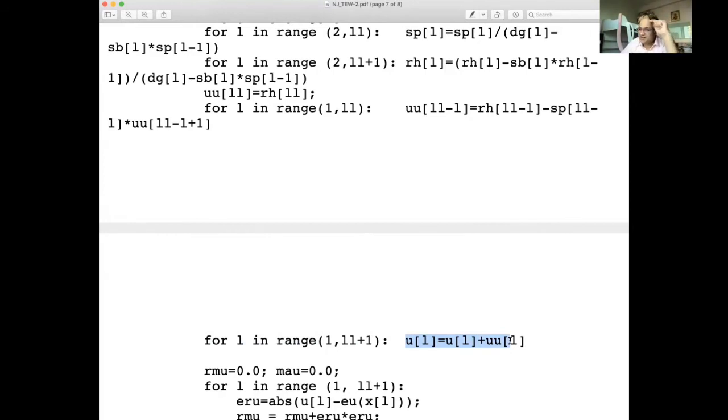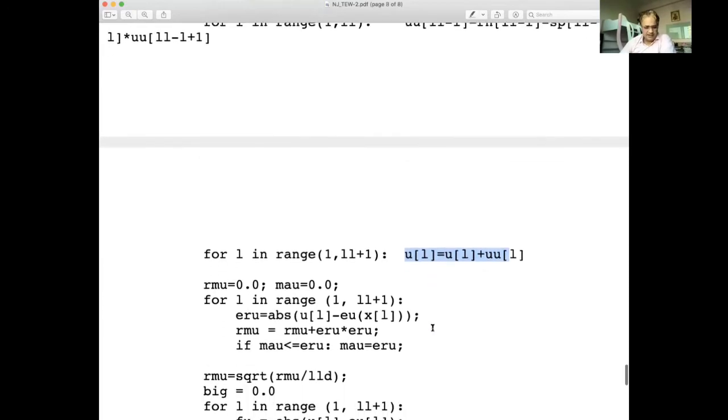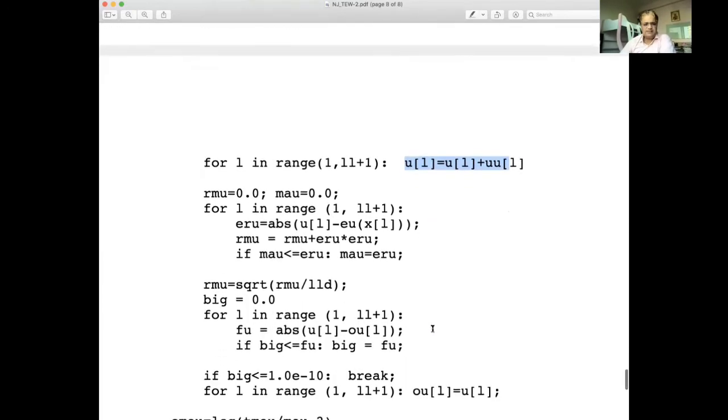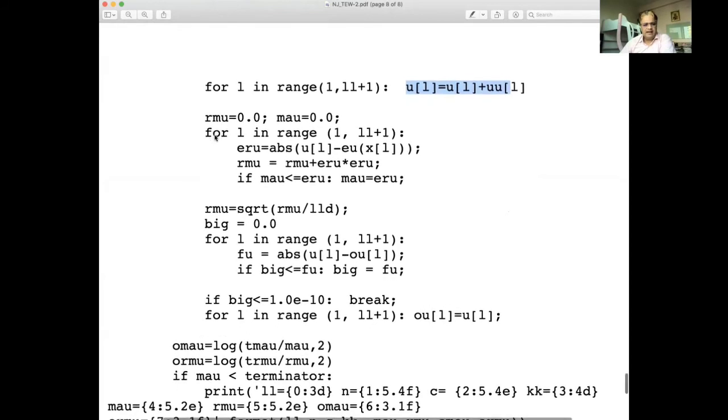Now the solution U is known to you because it was in the iteration, so I have to add it. Now the question is, I have started KK from 1 to 99. At what step do we have to stop? That needs to be analyzed as follows.